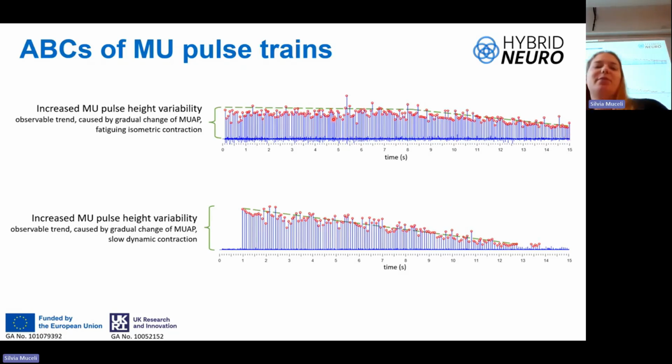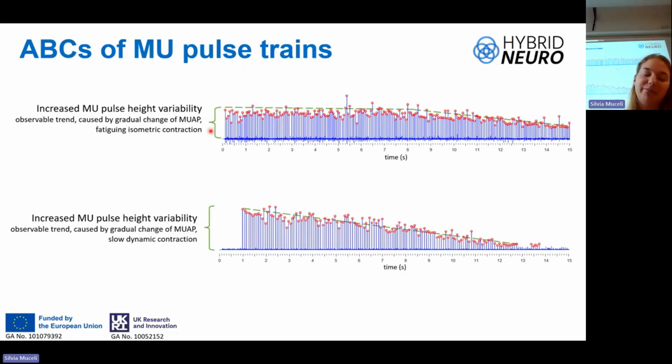That's because the motor unit got a bit tired, and when a motor unit is becoming more and more fatigued, it also changes its MUAP shape. And as Aleš already mentioned, the motor unit filter is based on a MUAP shape. So when I say MUAP, I mean motor unit action potential. Okay, so don't get confused.